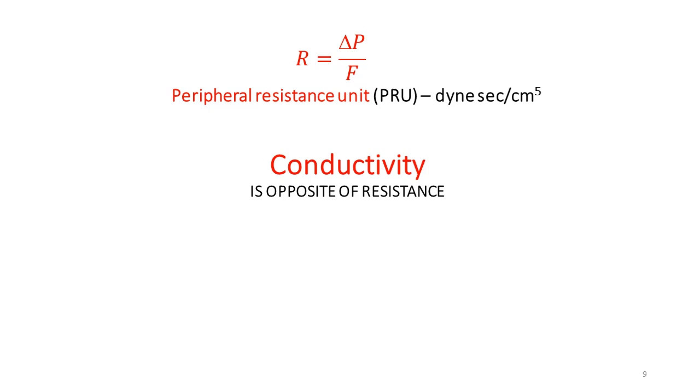So we can say conductivity, abbreviated as C, is the opposite of resistance. Any factor that has a role in resistance changes conductivity in a reverse form.